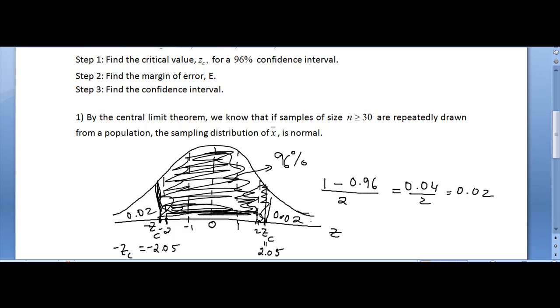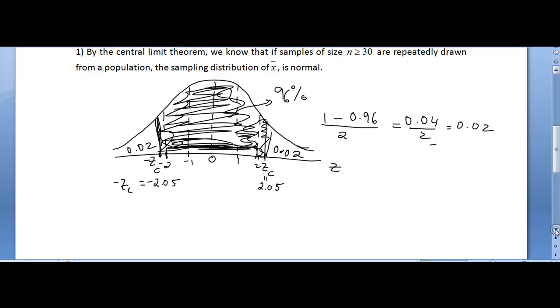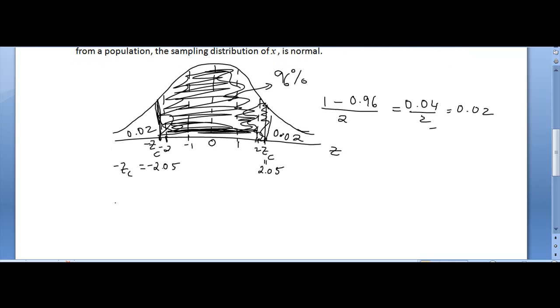Now the next step is to compute the margin of error. There is a formula to compute the margin of error. So step 2, the margin of error, which we denote as E, is given to be ZC sigma over square root of n.